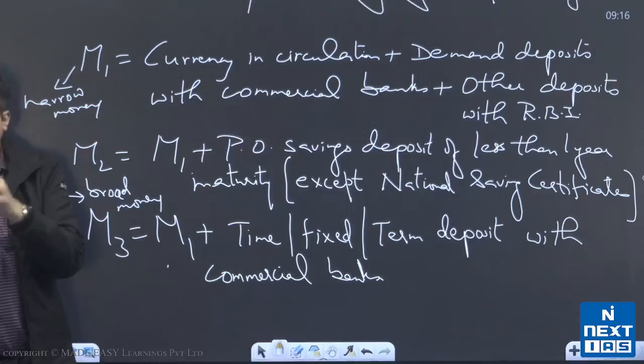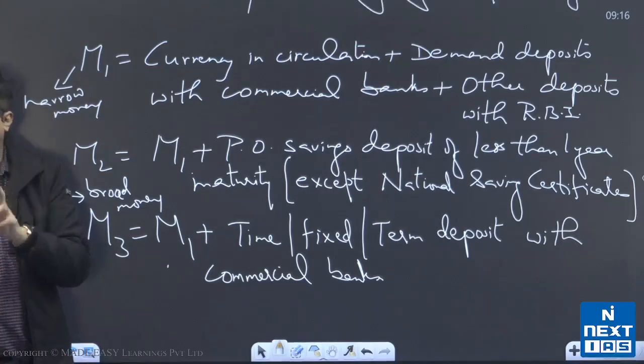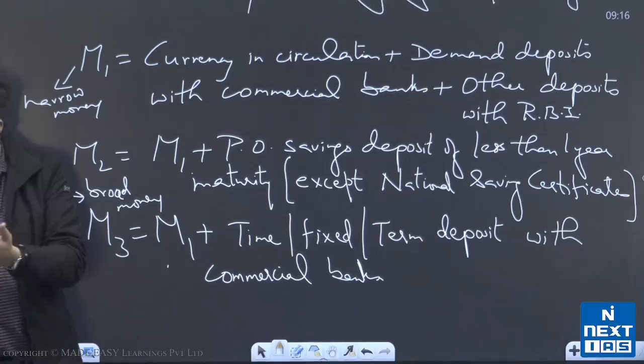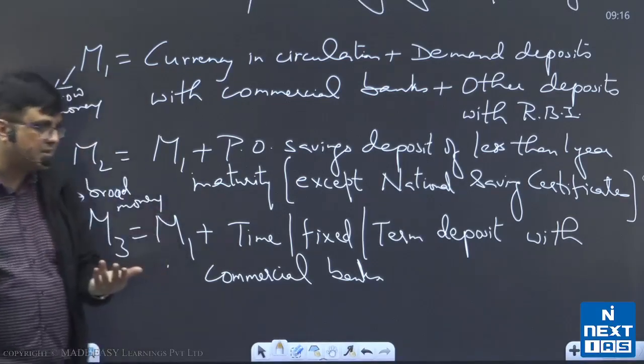For example, NM, CPI combined is the headline measure of inflation. Or for example, GDP at market price is the headline measure of growth. You understand that? तो पॉलिसी मेकिंग के लिए जिसे यूज किया जाता है उसे कहते हैं हेडलाइन मेजर. So similarly, M3 in those days was headline measure of money supply.